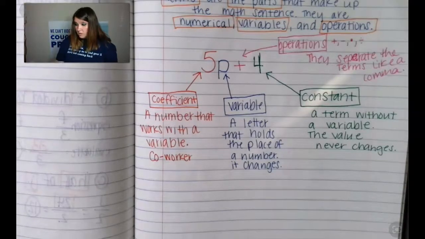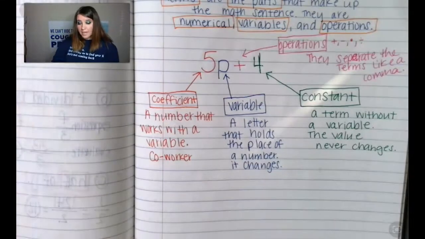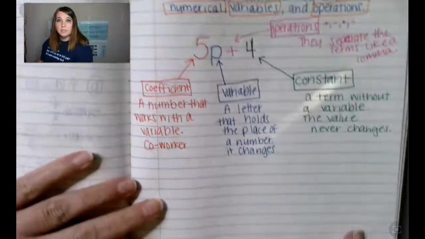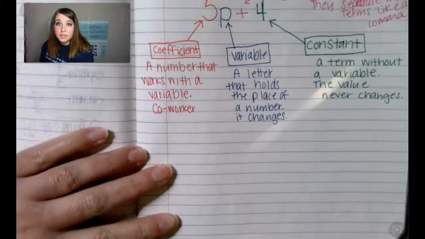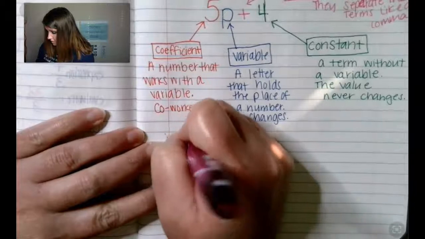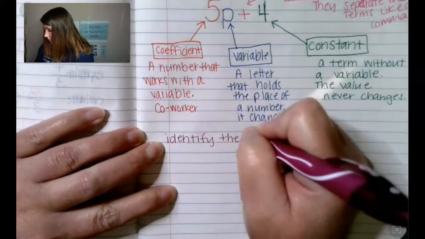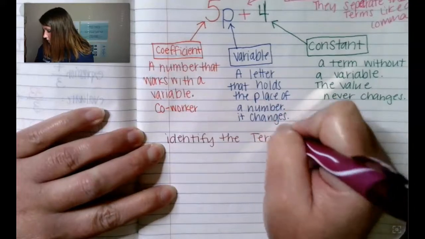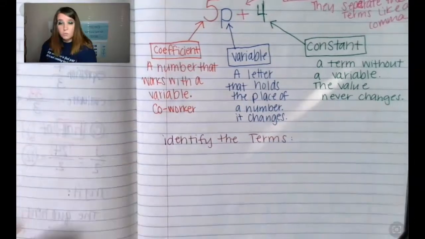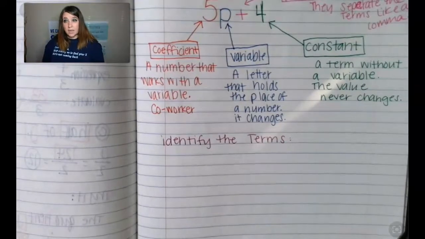how would we sort these? So if you were asked to identify the terms, so if you were told identify the terms, you would have to put them into their categories, okay?